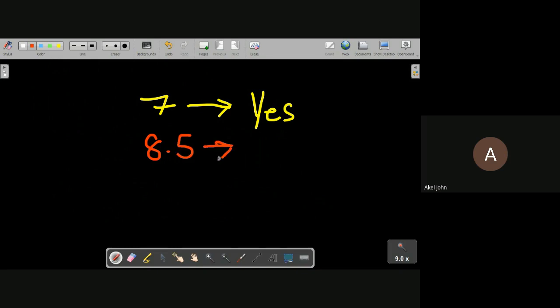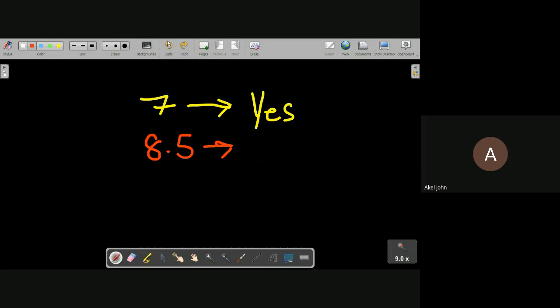right? So let's do some examples, and you're going to tell me if this is a whole number or not a whole number. Is 7 a whole number? Yes, because it has no decimal point. What about 8.5? Is 8.5 a whole number?